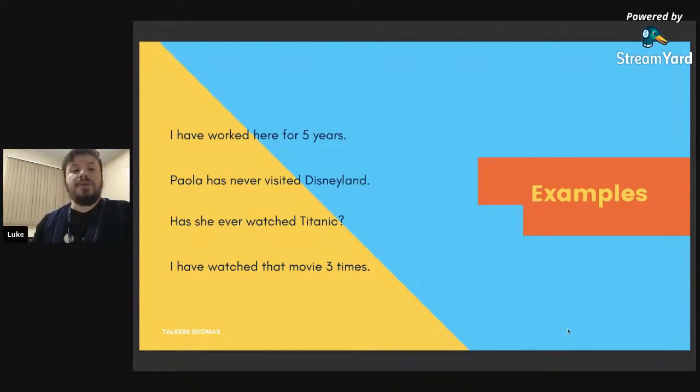The second one, repeat with me. Paola has never visited Disneyland. The same thing. Now we are talking about experience. It's an experience that Paola, in this case, she hasn't had. But it's an experience.